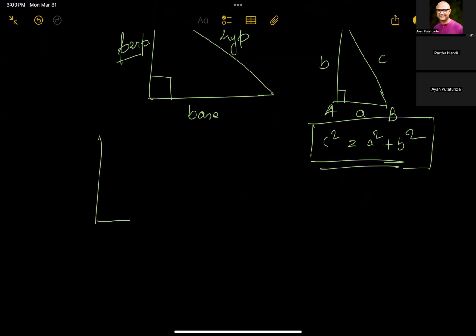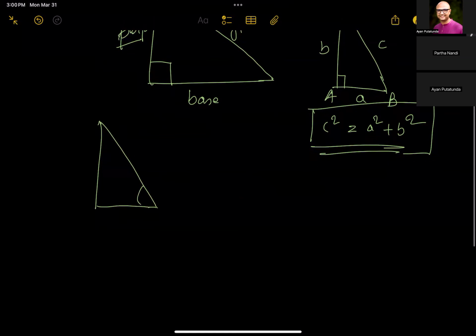Trigonometry says that if there is a right angle triangle having an angle of theta, which is this, and similarly we know that this is the hypotenuse, this is the base, and this is the perpendicular, there are three representations of ratios of sides that we know of.